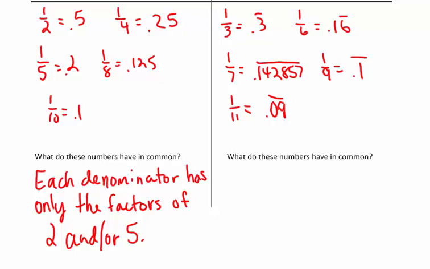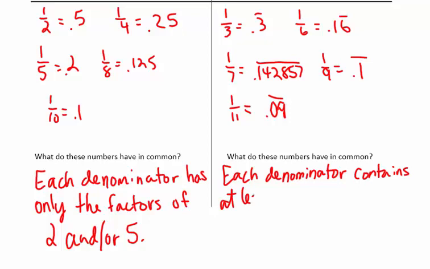On the other side, you see most of them look odd numbers. So each denominator over here contains at least one factor other than 2 or 5.